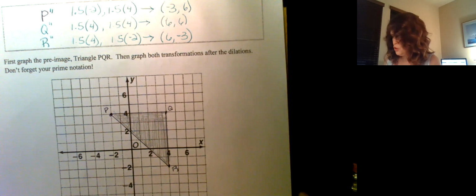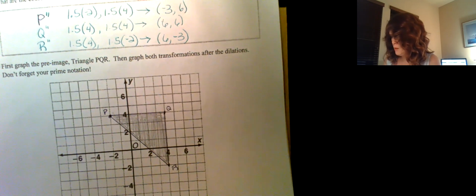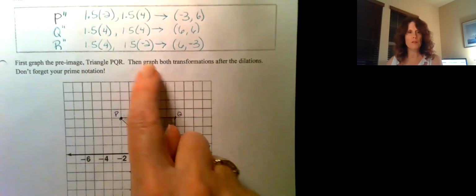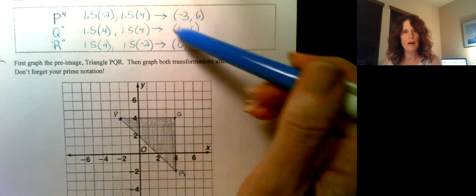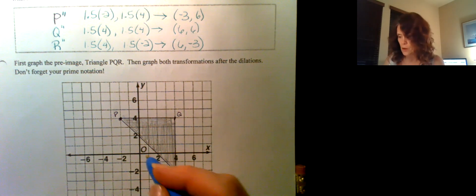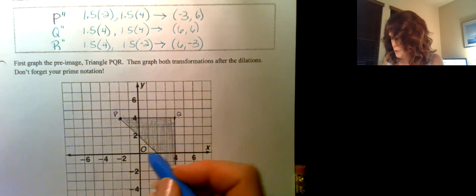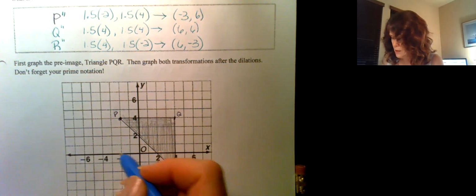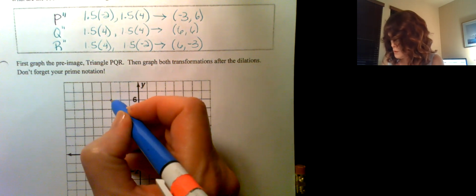Let's do this one. We'll work our way backwards, okay? So this that I wrote in green, if we graph these, it's going to be bigger, right? You know, a lot bigger, but 1.5 times bigger. So -3 and 6, it's going to be here.